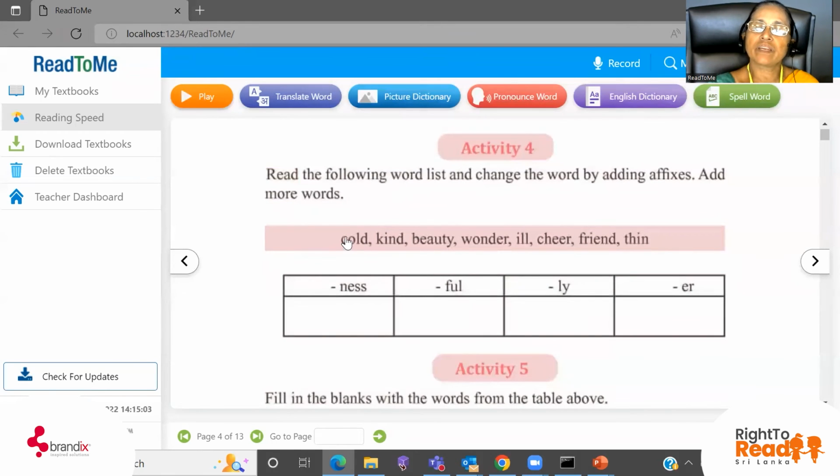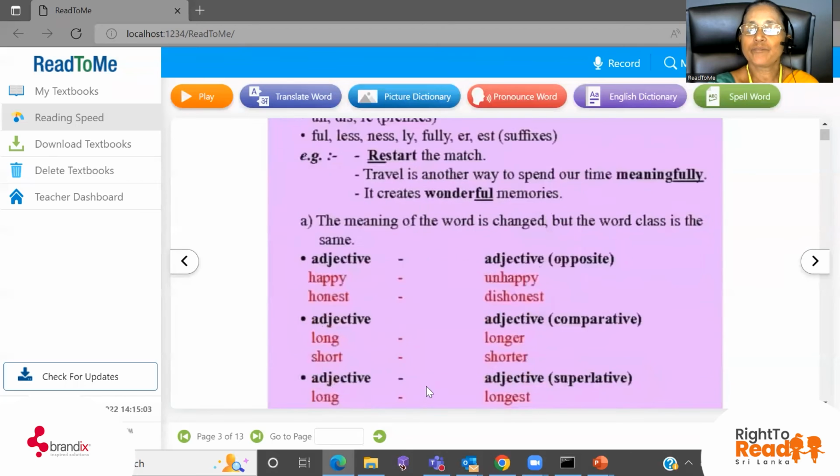Shall we read them once again? Cold, kind, beauty, wonder, ill, cheer, friend, thin. Then what is er? Can you remember when we learned adjectives?